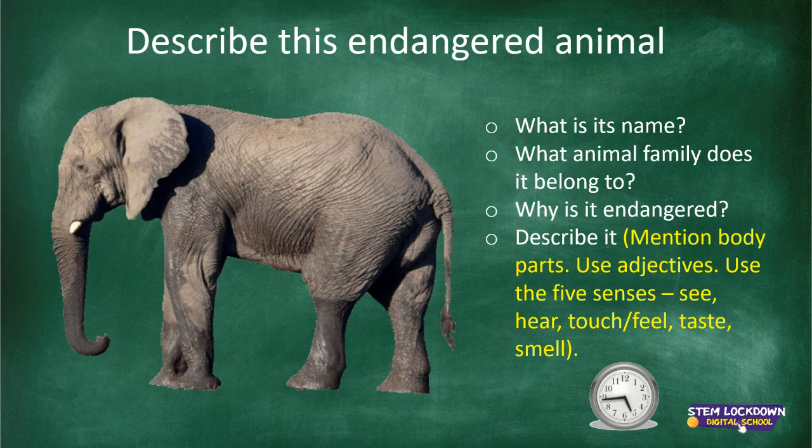Mention what you see. What can you see? Wrinkled skin, big flappy ears, a long trunk. It's got a mouth in there somewhere. Tusks made of ivory.